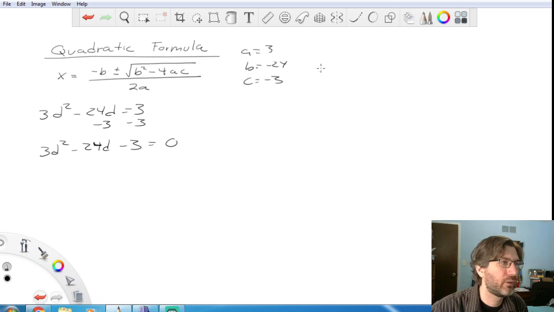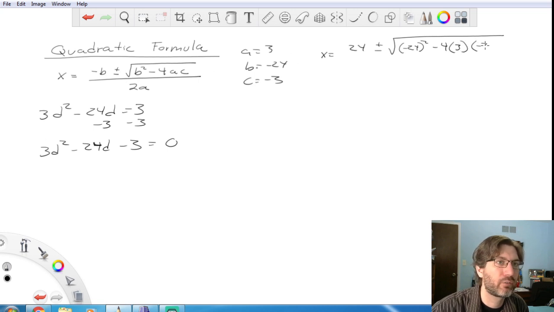Negative b is a positive 24 plus or minus square root of b squared, which is negative 24 squared, minus 4 times a, which is 3, times c, which is negative 3, all divided by 2 times a, which is 3.